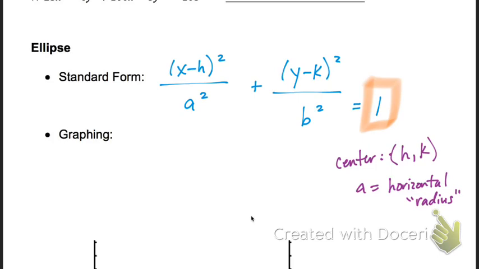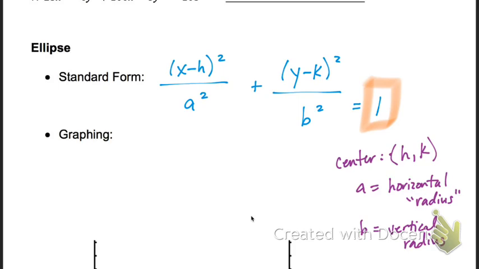So when you square root it, that's how many you go left and right from your center. And then B is going to be your vertical radius. It's how many you go up and down from your center.